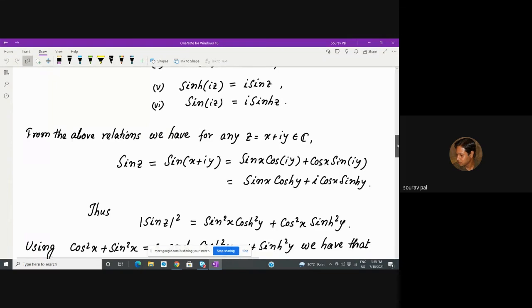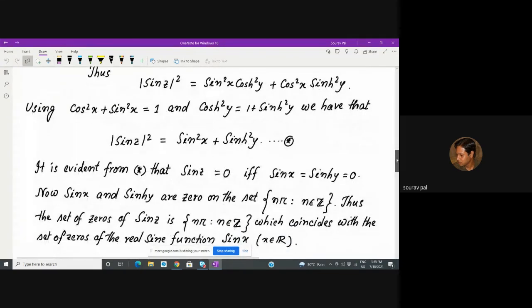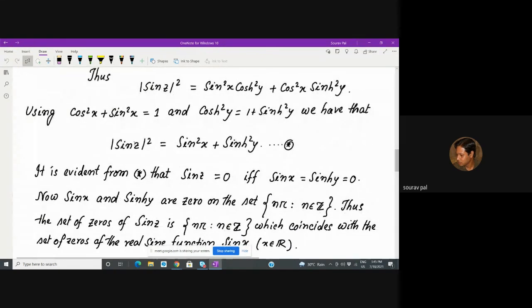What are the zeros of sin z? That is precisely what is done here. You will see this equality: the modulus of sin z squared equals sin squared x plus sinh squared y, where z equals x plus iy.